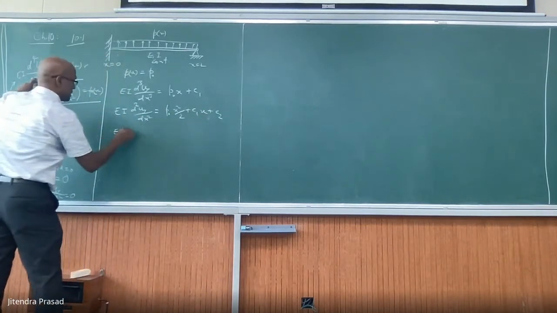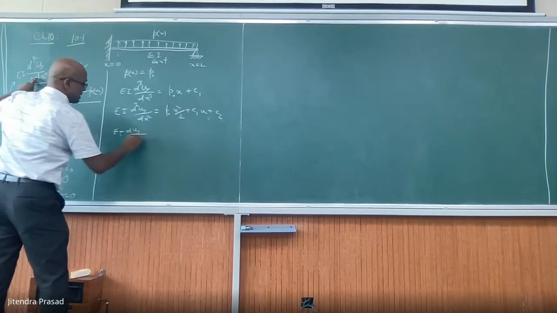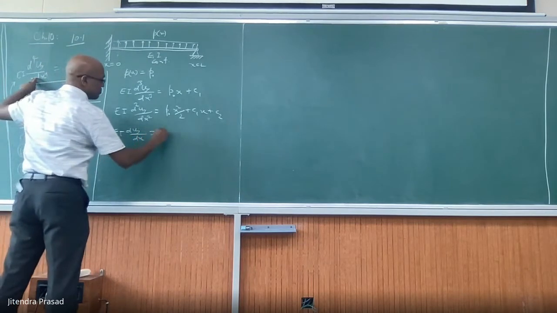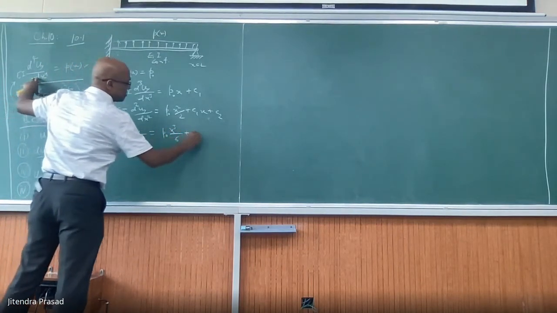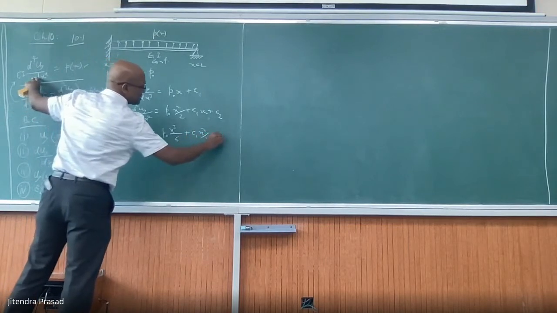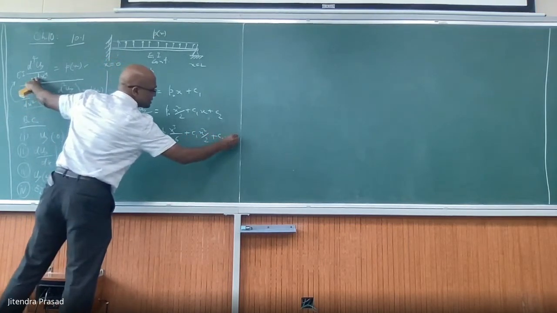Similarly, EI dUy over dx is equal to p0 x cubed over 6 plus c1 x squared over 2 plus c2 x plus c3.